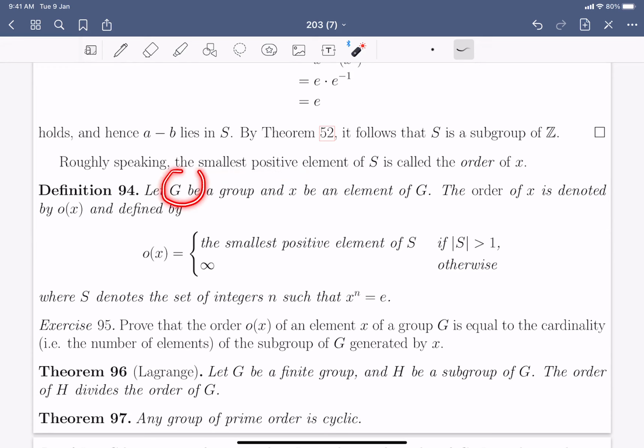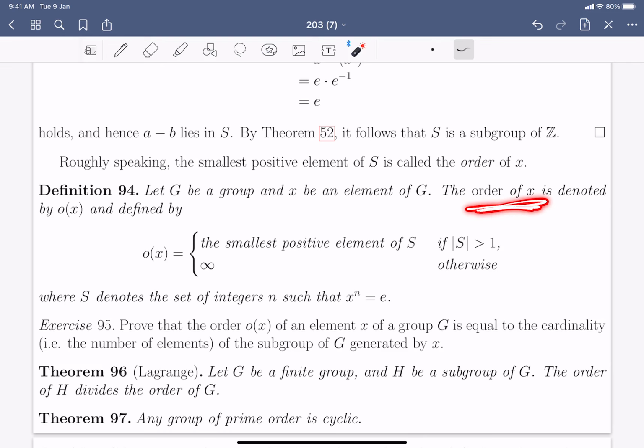So if you have a group G and an element X of G, then the order of X is defined as follows. Before even reading the definition, note that we have already introduced the term order, okay? But at that time we discussed order of a group, which denotes the size of the group, the cardinality of that. Order of a subgroup also denotes the cardinality of that subgroup.